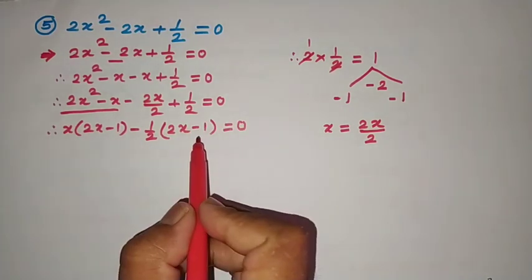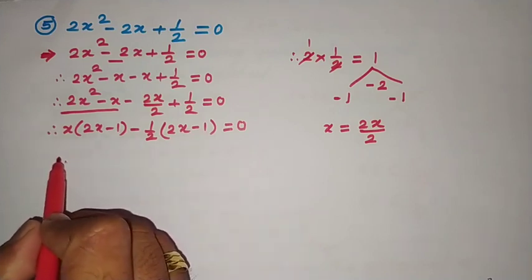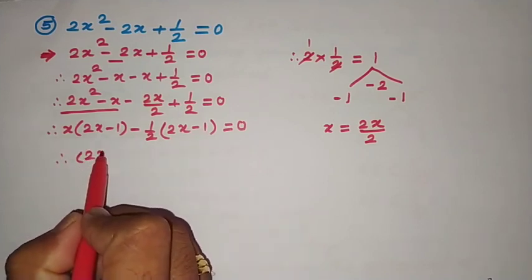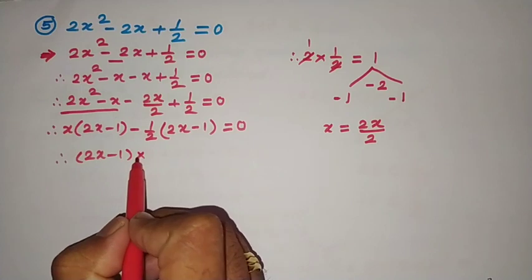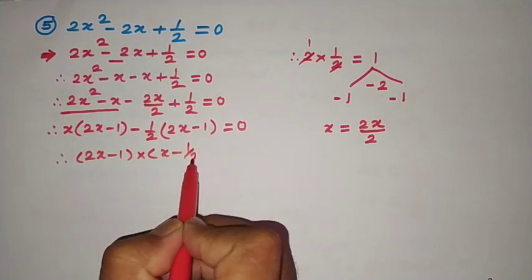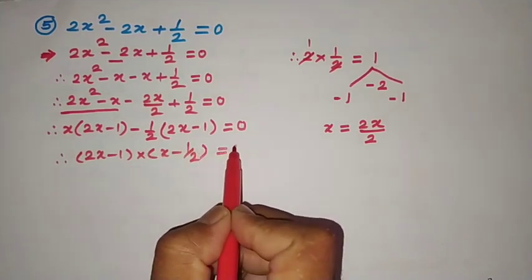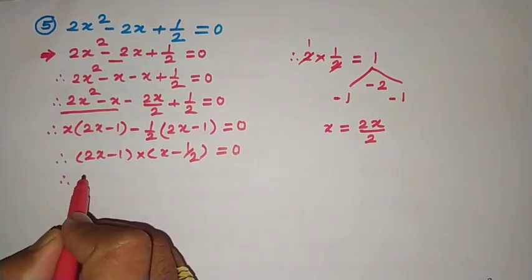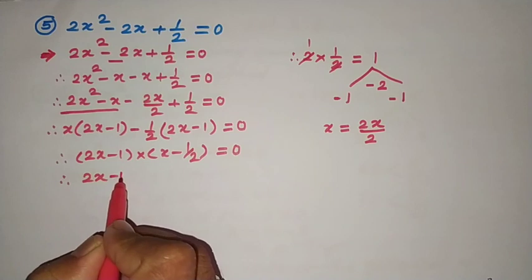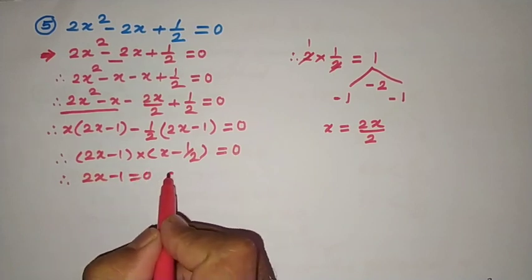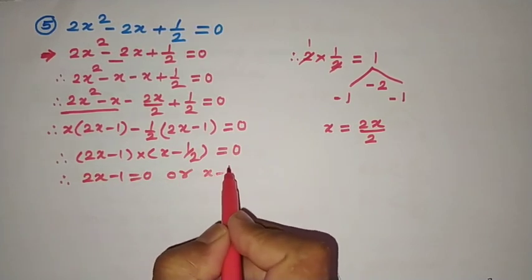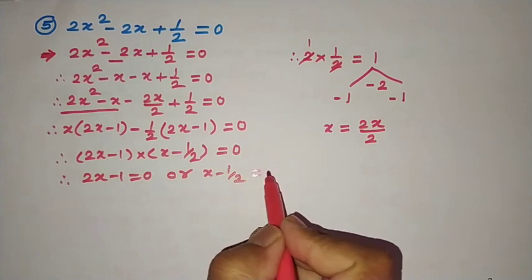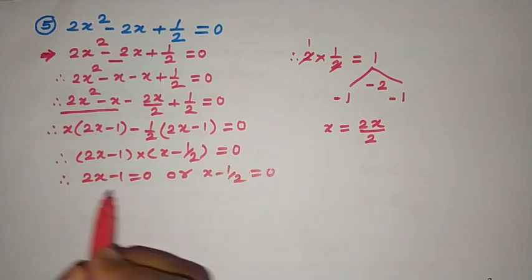The two brackets are the same, so take 2x minus 1 as the common bracket; the next bracket is x minus 1 half, equal to 0. The multiplication of two numbers is equal to 0, therefore 2x minus 1 is equal to 0 or x minus 1 half is equal to 0.